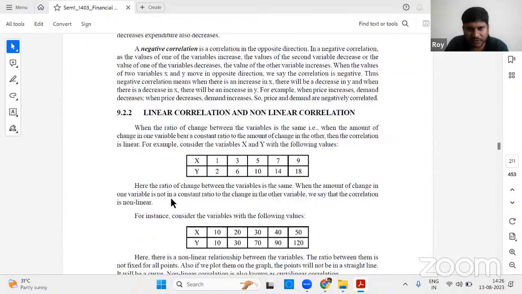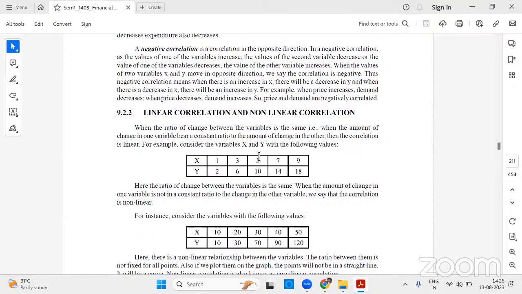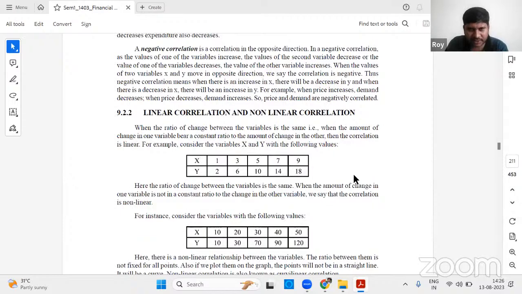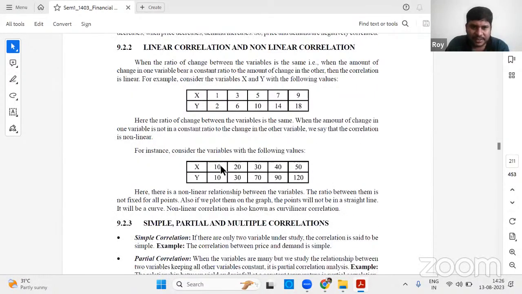When the amount of change in one variable is not in a constant ratio to the change in the other variable, we say that the correlation is non-linear. 1 is there, 2 is there, 3 is there, 6 is there, 5 is there, 7. What is happening here? Doubling is there, right? Yes, sir, double. Constant ratio is there, 1 by 2. Here also 1 by 2. Here also 1 by 2. This constant ratio is happening. This is linear correlation.